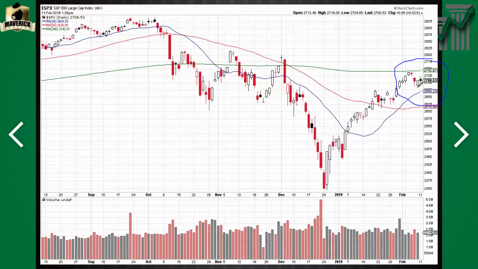You can see that we've had a nice bounce, but we're still well below this key major pivot high. You could say, well, we had such a violent downturn, yeah, but we're also well above this major pivot low. So there's something for the bears, there's something for the bulls.